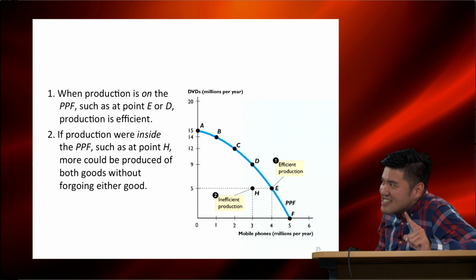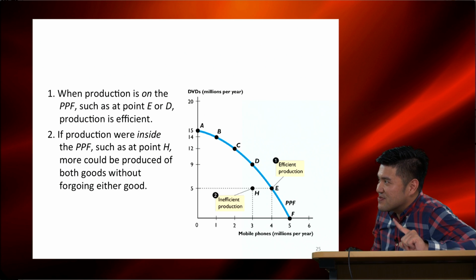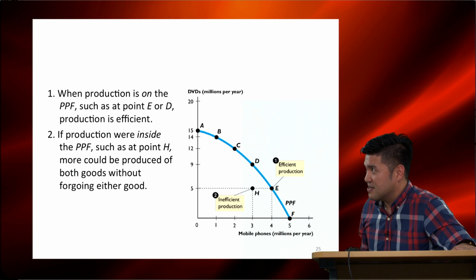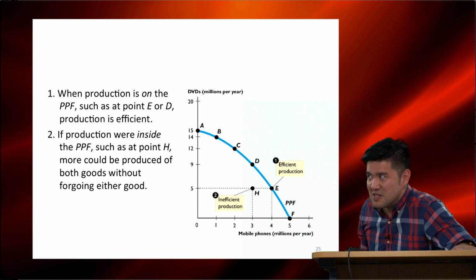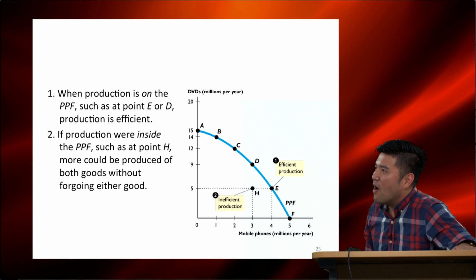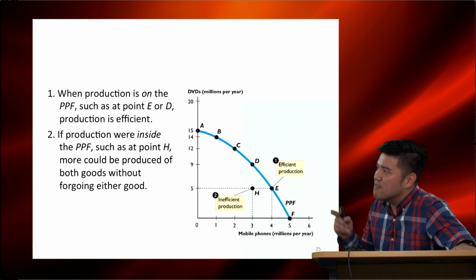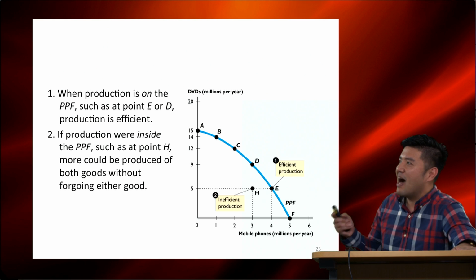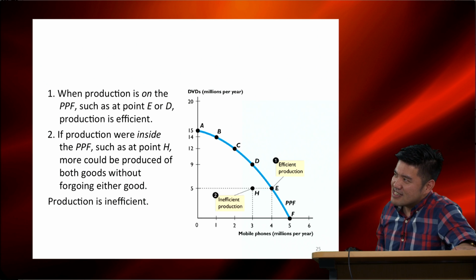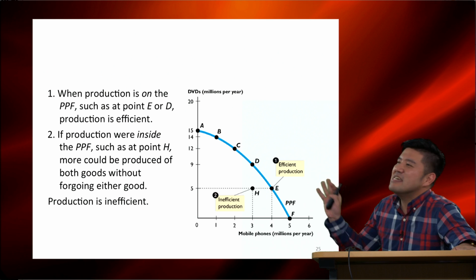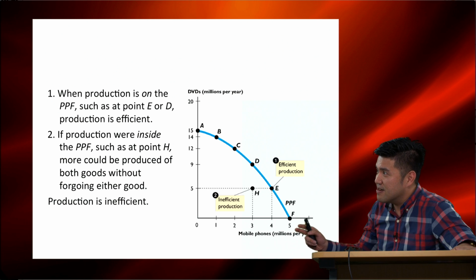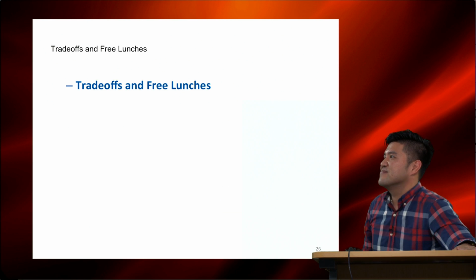If we produce inside the PPF, such as point H, guys, point H is attainable, yes, but have you been efficient? No. Point H is an inefficient production. Why? Because more could be produced of both goods without foregoing either good. So again, any point inside the PPF curve is an inefficient point. Any point along the PPF curve is an efficient point.